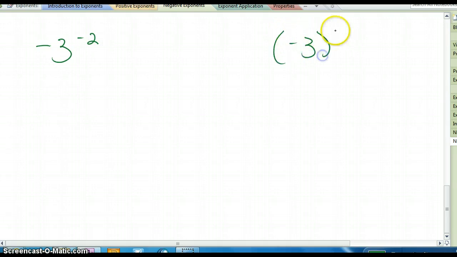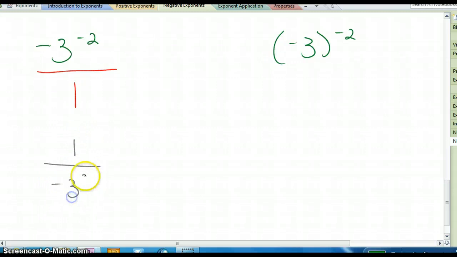So let's say I have, again, negative 3 to the negative second and negative 3 in parentheses to the negative second. Well, we're going to want to deal with the reciprocal before we deal with applying the exponent. You always want to do the reciprocal first. So let's look at this first one as negative 3 to the negative second over 1. When we write the reciprocal, we'll get 1 over negative 3 to the positive second.